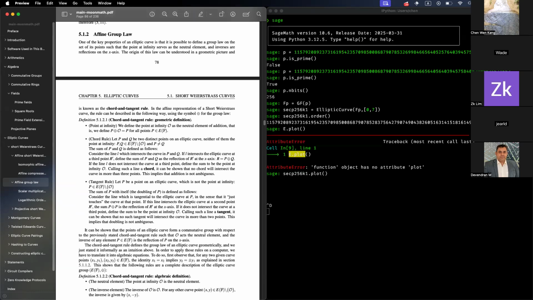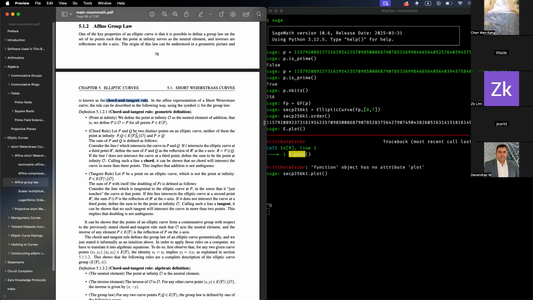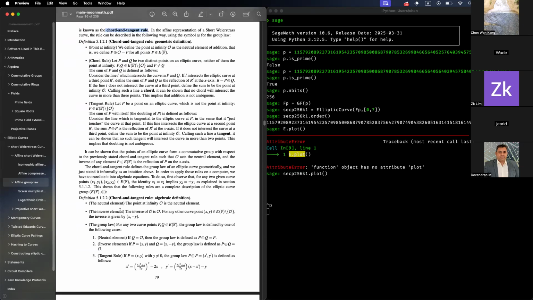But okay, I'll go back to the statutory deviation. So one of the things that we want from the Weierstrass curve, or actually from all the curves in this case, is the ability to do the chord and tangent rule. We want this because we can use it to represent our group operations.